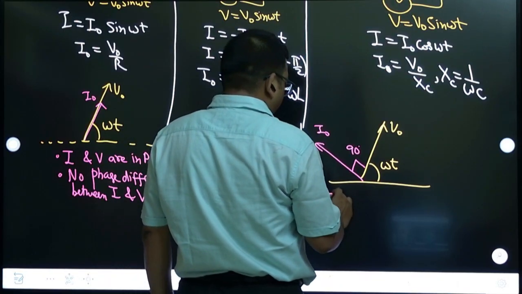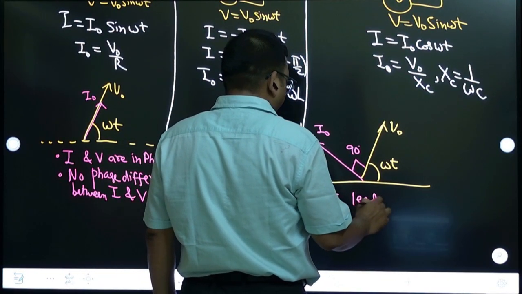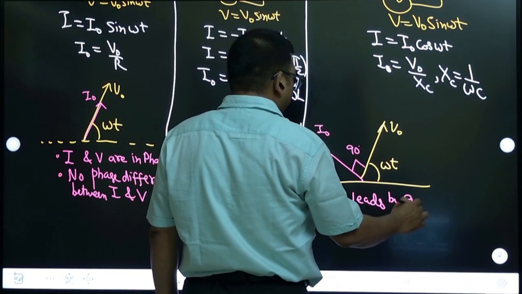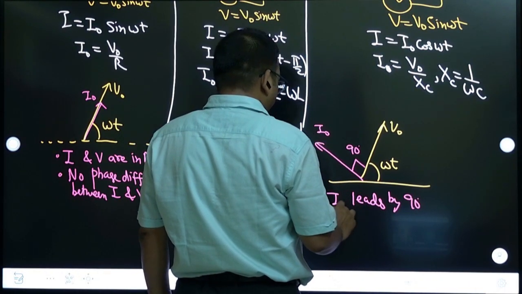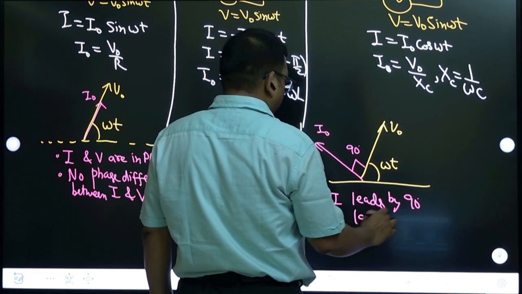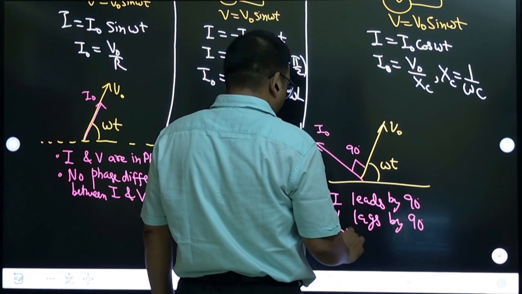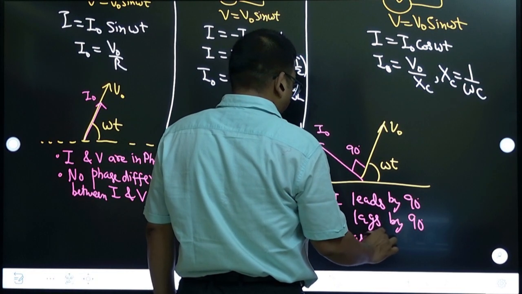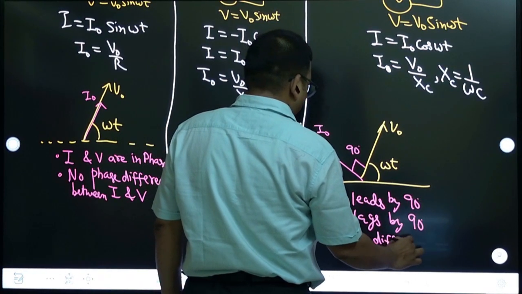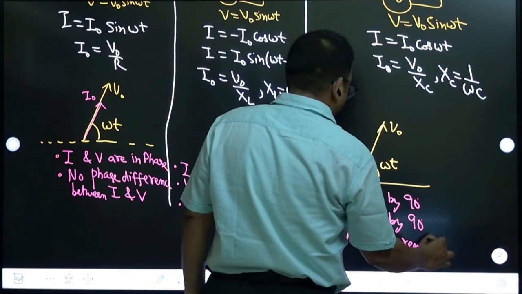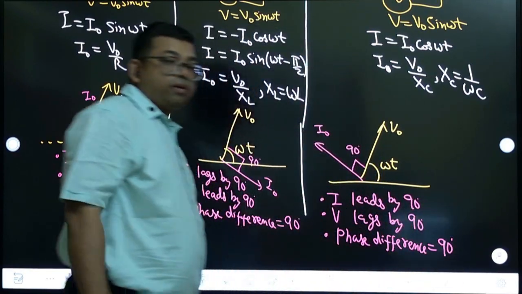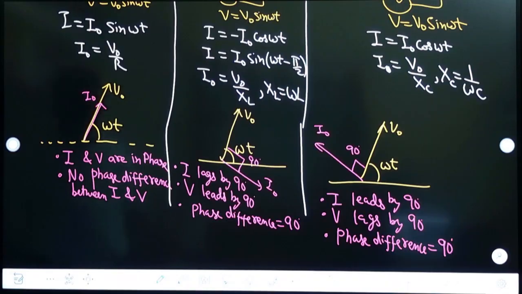Current leads by 90 degree, voltage lags by 90 degree. Here also the phase difference is equal to 90 degree. Okay, these things we have done.